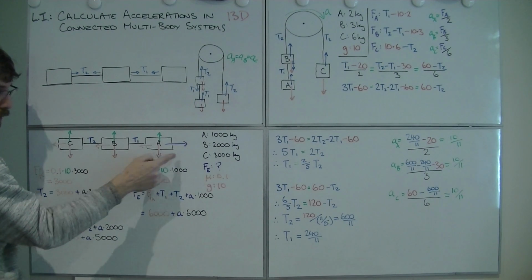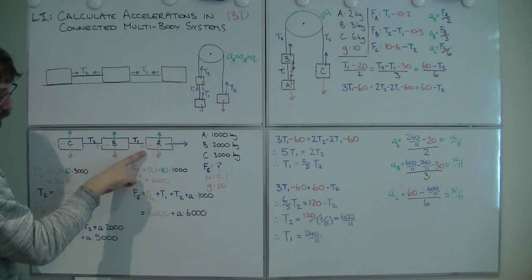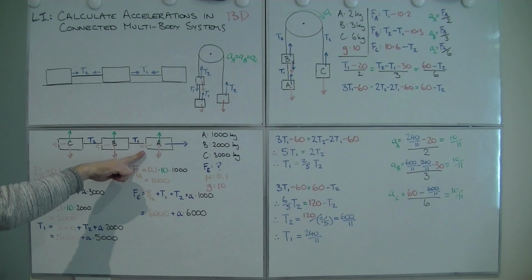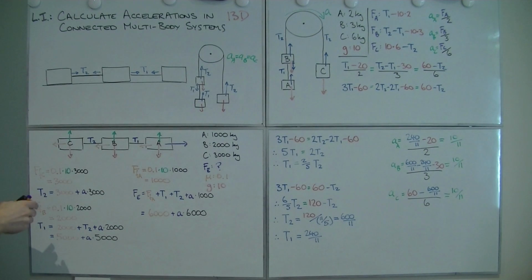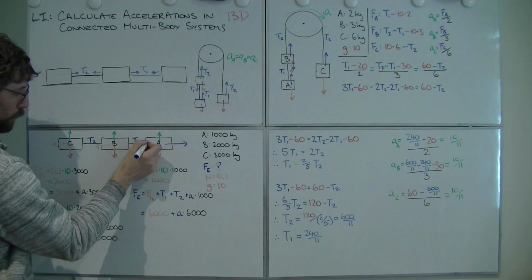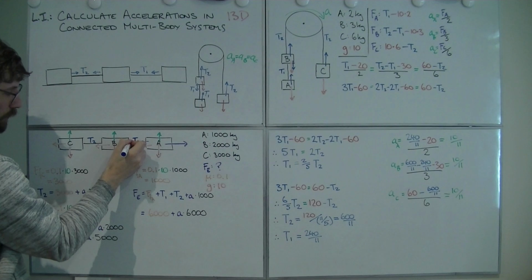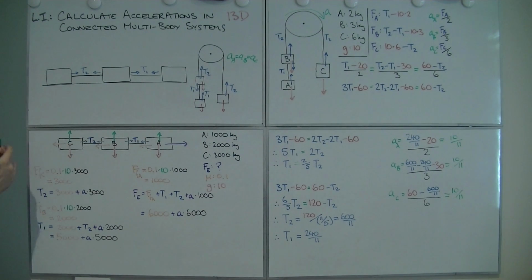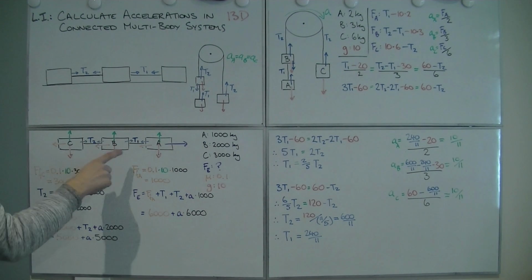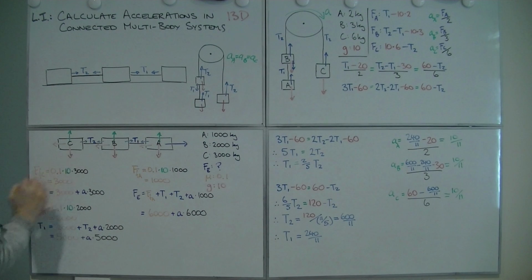There'll be some friction on the tracks, so I've got that in orange. And then I'll also have this tension pulling this way on A, this tension pulling that way on B. Similar story with these. T1 should be greater than T2, but figure that out later.